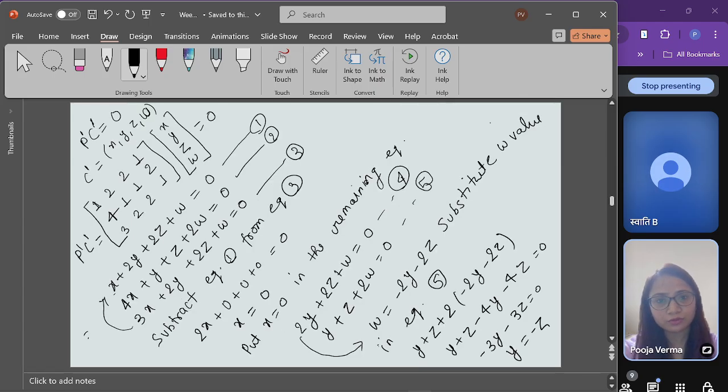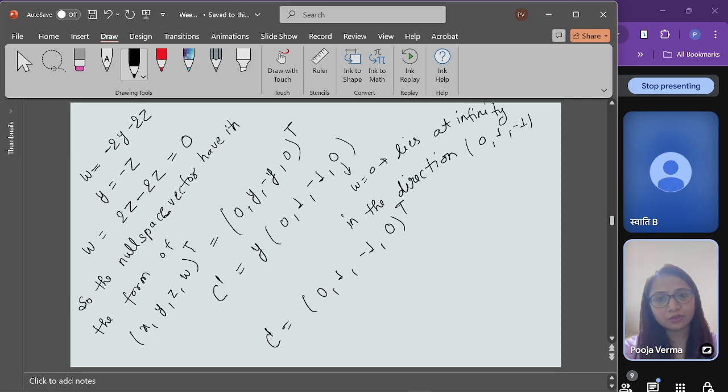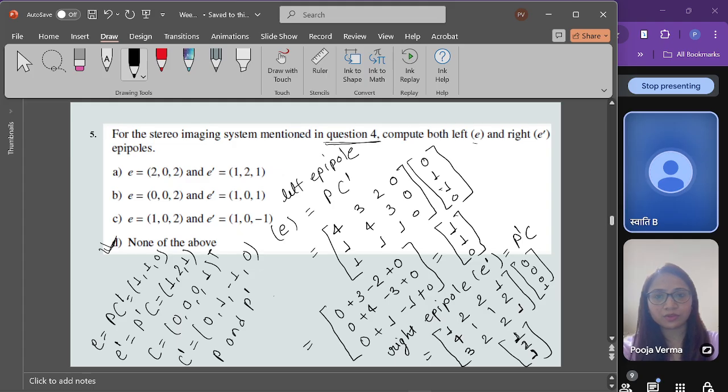So P and P dash values are already given here. In the fourth question we computed C and C dash, and then by using this, we solved for the left and right epipoles.